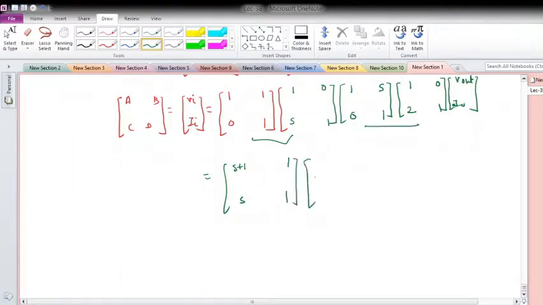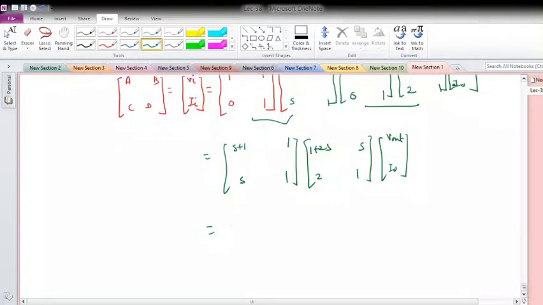The multiplication of these two gives 1 plus 2s, s, 2 and 1, which is multiplied with the vector V out and I out. Multiplying again, you get s plus 1, 1 plus 2s plus 2, then s square plus s plus 1, 2s square plus s plus 2, s square plus 1, then V out and I out.